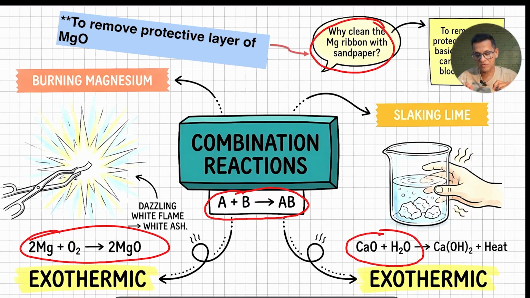We rub it with sandpaper so that we remove the protective layer of magnesium oxide. Remember that it can react both with oxygen and carbon dioxide, but we can write the answer as to remove the protective layer of magnesium oxide, if it is asked why do we rub magnesium ribbon with sandpaper before burning it.